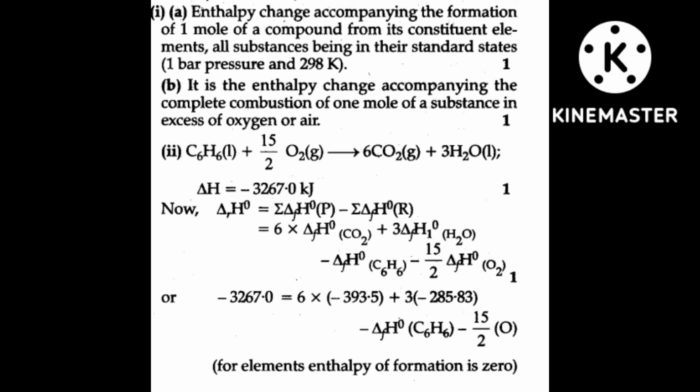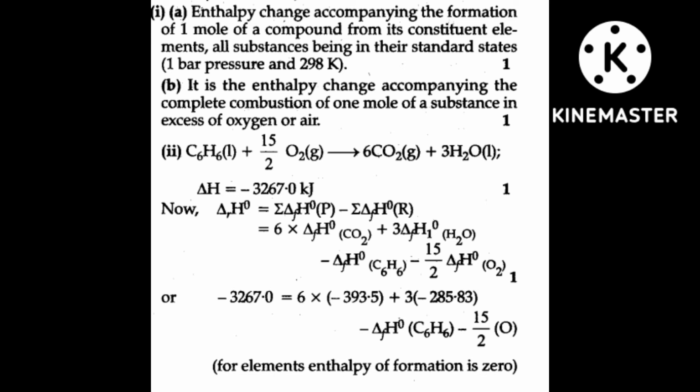Here, of the last two reactions, it is the third one. The third reaction is CO plus half O2 giving CO2. You reverse it, then CO will go to the right-hand side. Correct? Just reverse the third reaction, then CO goes to the right, and the delta H value will also change.